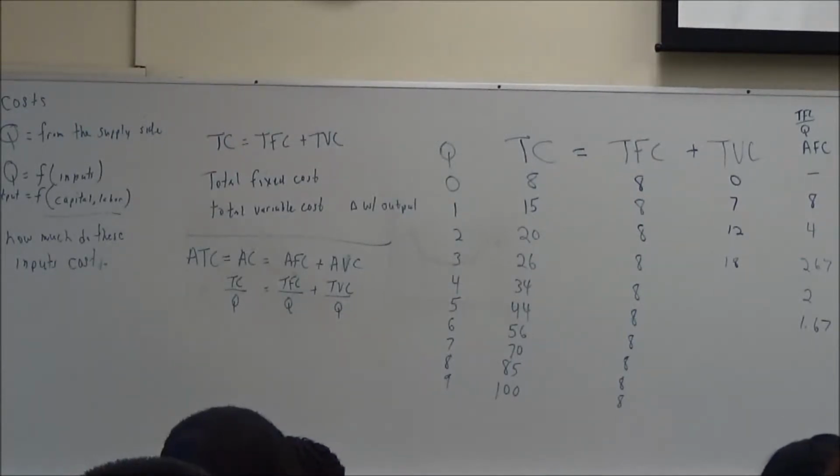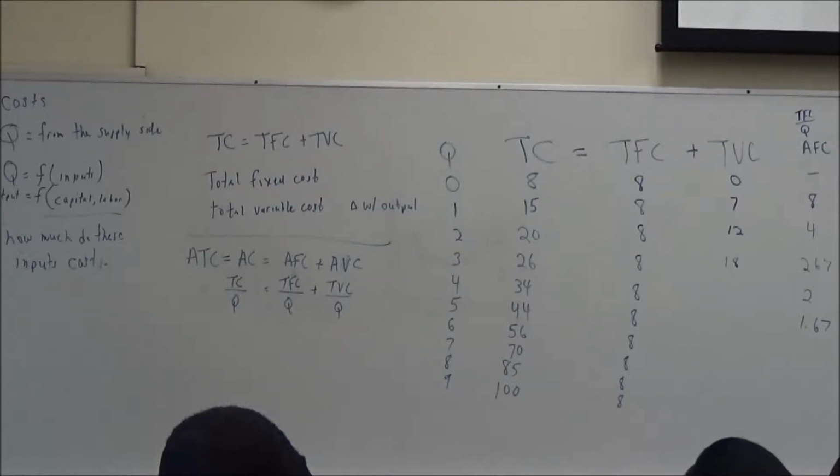So this is going to be 200, right? As you increase your output, assuming your costs are constant, you're going to have a decrease in this line. So the line's going to basically look like this, right? It's at 1, it's here, and it just kind of goes like that. That's what the average fixed cost line looks like.